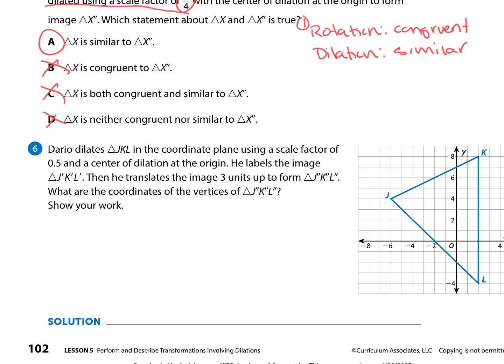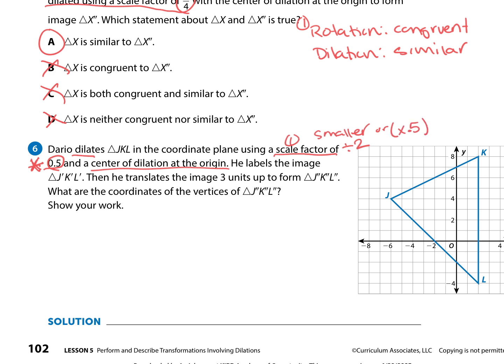All right, last problem. And there's a quiz question just like this one, so you're going to put a star by this one. We have Dario. He's dilating using a scale factor of 0.5, center at the origin. So it's going to get smaller, and we are dividing by 2, or you could multiply by 0.5.